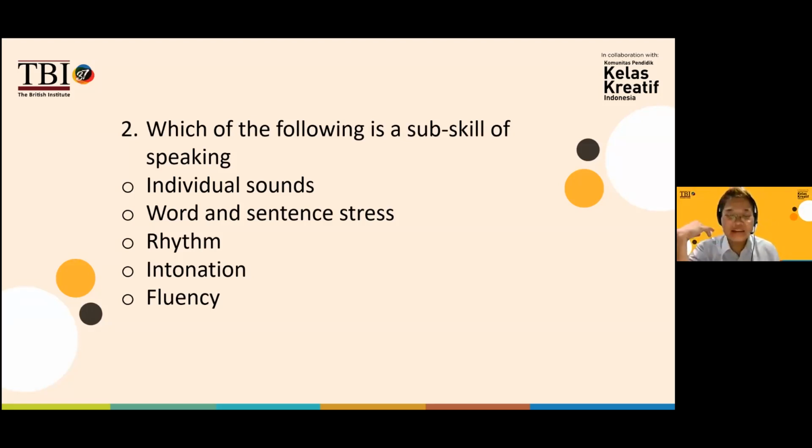I think the sub-skill of speaking is word, sentence, stress, rhythm, intonation. Sorry, which of the following is a sub-skill of speaking? Individual sounds, words and sentence stress, rhythm, intonation, or fluency? Oh, it can be more than one? No, just one. Intonation. Who's the second buzzer, Christy? It's Hakim. All right, Hakim. So not intonation. What else could it be?